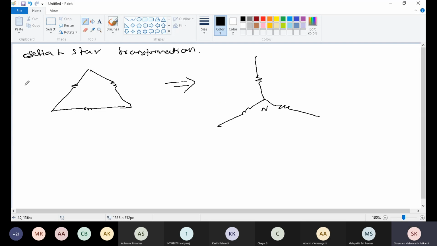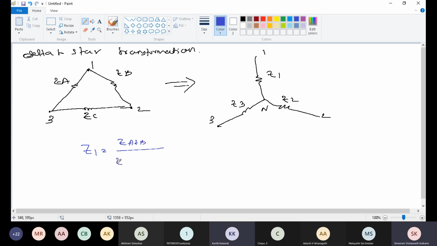Okay, now this is 1, 2, 3 terminals with ZA, ZB, ZC. See, you have already studied this. This is the third time I am explaining this one to you. Basic first and first unit second. Now tell me Z1. Z1 equals ZA ZB divided by ZA plus ZB plus ZC.